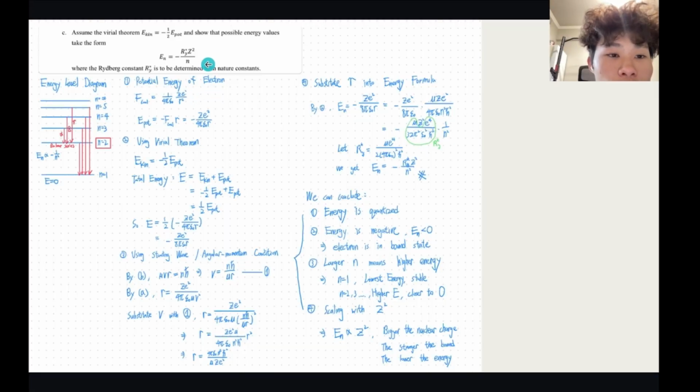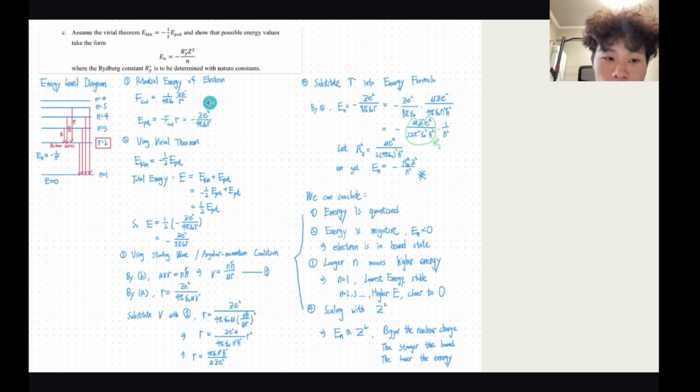In question C, we want to derive the energy equation of the electron. My approach is we first calculate the potential energy of the electron. We know the Coulomb force is 1 over 4 pi epsilon naught times z squared over r squared.